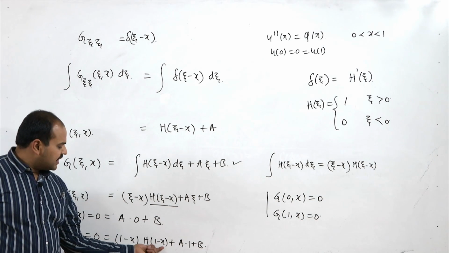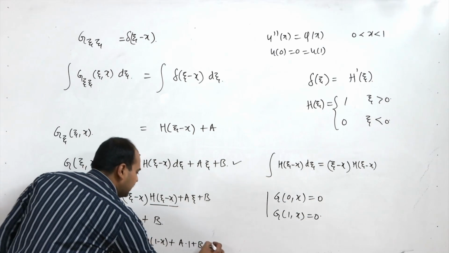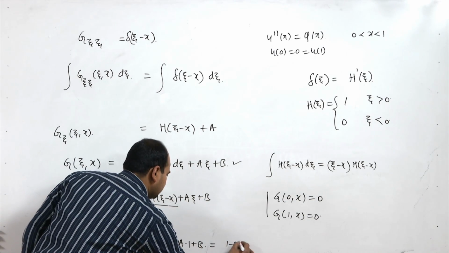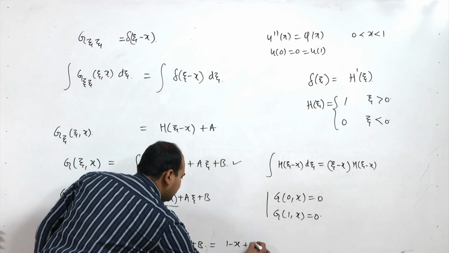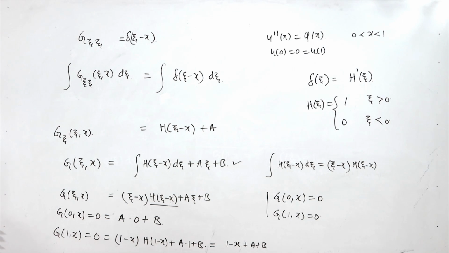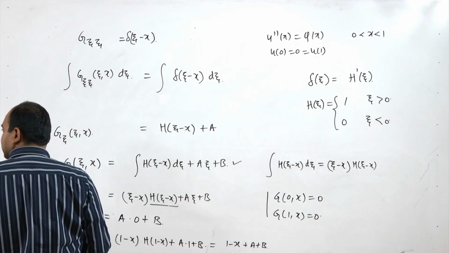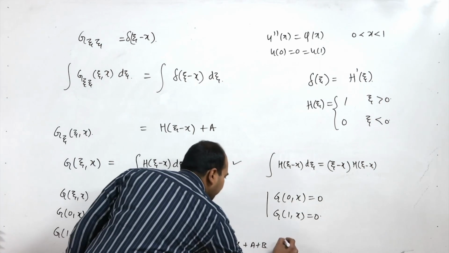If 1 − x is positive, then H is going to be 1. So I can write it here as (1 − x) plus a plus b, and that is going to be 0. So from the first condition, b equal to 0.